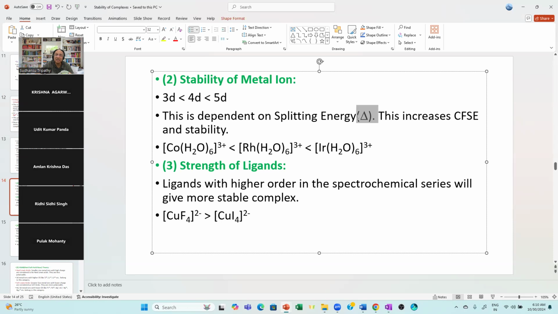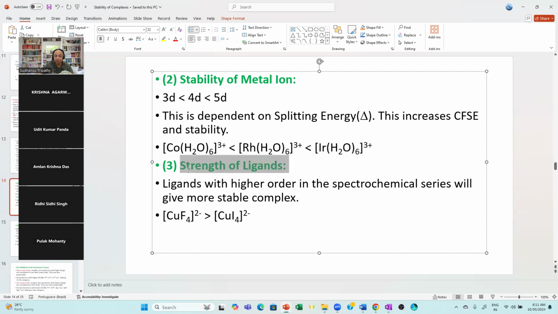Since Delta O, or splitting energy, increases, the CFSE also increases numerically, and hence the stability constant also increases. I have given an example: cobalt, rhodium, iridium. The stability of the iridium complex is maximum, with the oxidation state and the ligand remaining the same.